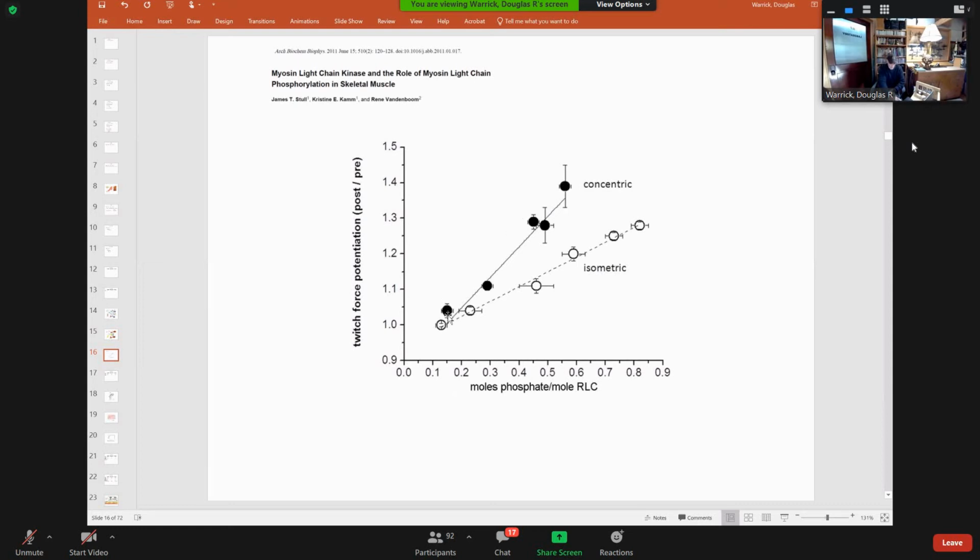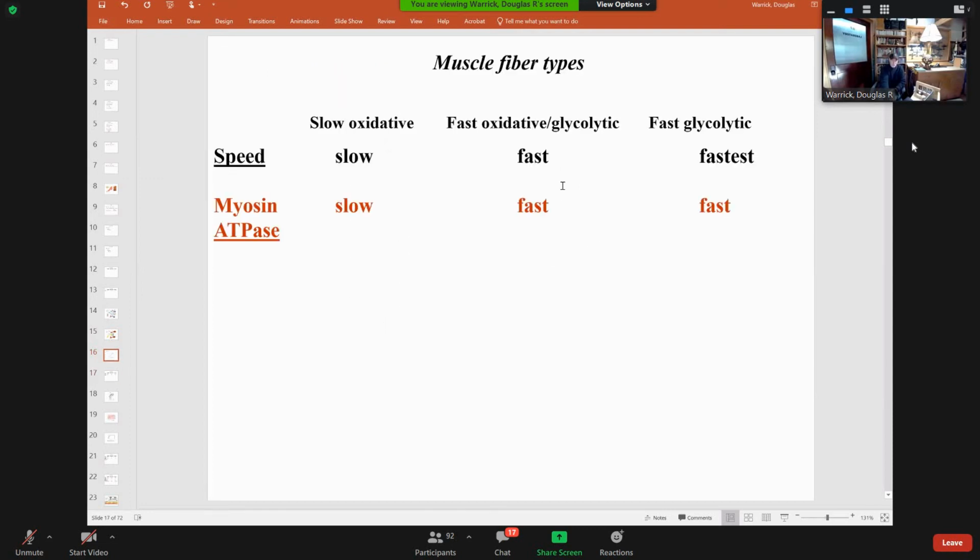It's gone up from twitch force of 1.05 to over 1.4 in this concentric contraction. This is a powerful mechanism. You turn on that myosin light chain kinase with that calcium, and you phosphorylate those regulatory light chains, those myosin heads go into overdrive. They really produce a lot more force. So it's an important bit. I'll come back to that in a little bit.